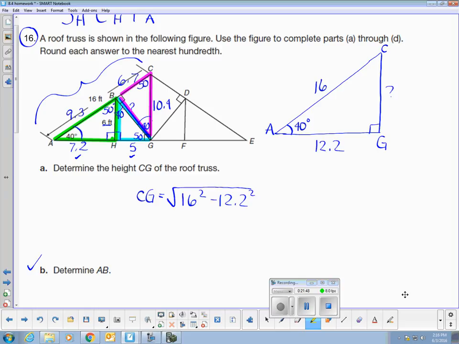Okay. And in that triangle, here's my right angle right here. I know the hypotenuse is 10.4. And one of the legs is 6.7.